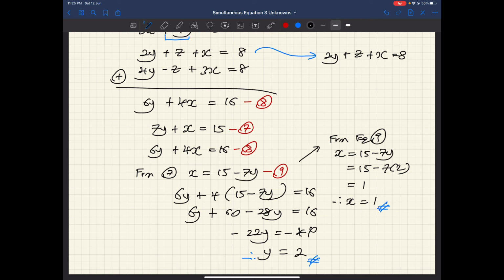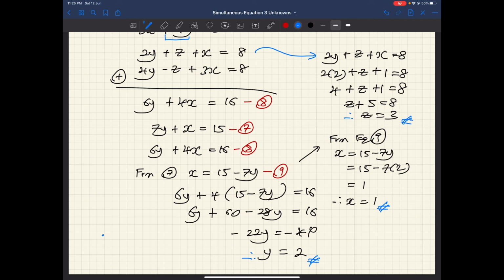So your y is 2, and you need your z. Your x is 1, equal to 8. So you get 4 plus z plus 1 equal to 8. z plus 5 equal to 8. z equal to 3. So now you have your value for z.